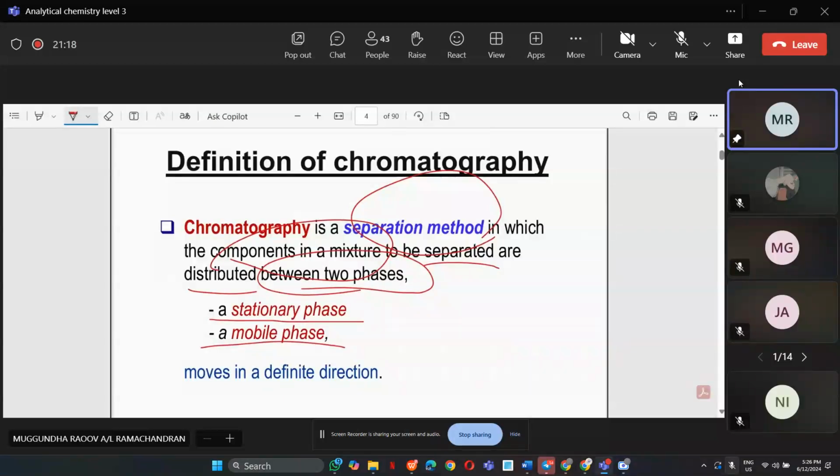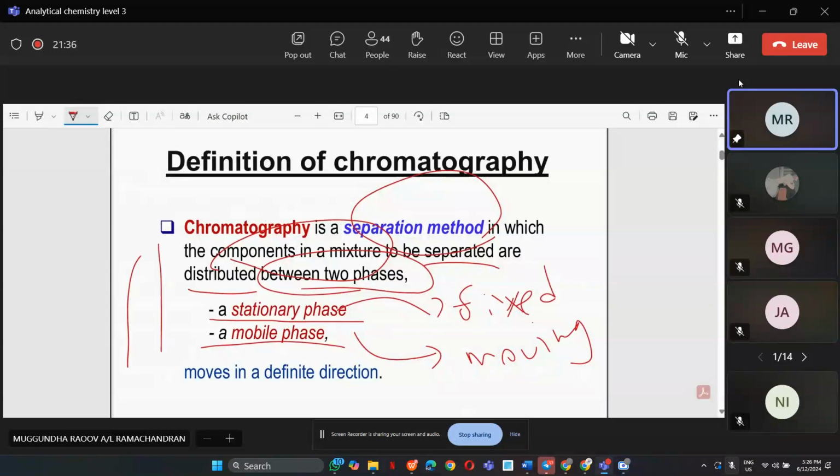The stationary phase is a fixed phase, while the mobile phase is a moving phase. It moves in a defined direction. For example, in HPLC or GC separation, the analyte moving through the system must, at the end of the day, go through a column. In the column, we will have the stationary phase.